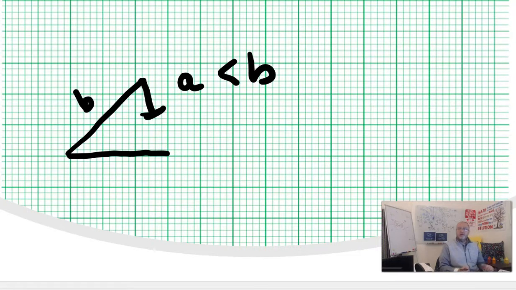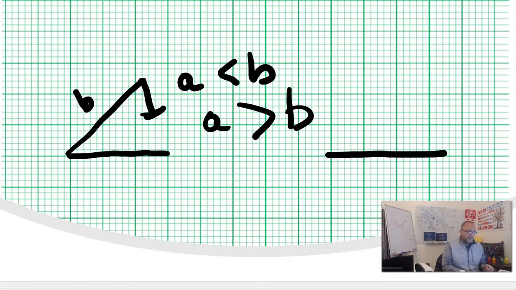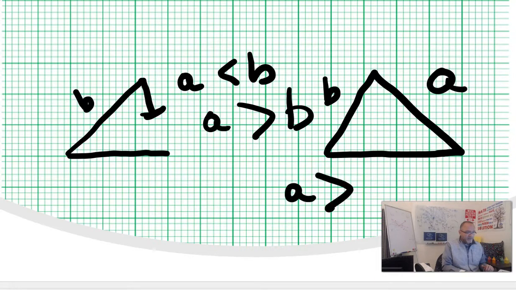I don't have a triangle. So I need to fulfill some restrictions and conditions before. So in this situation, A must be larger than B in order for me to construct and draw this triangle. A here and B here. So A must be larger and longer than side B. Okay, very, very simple common sense math.